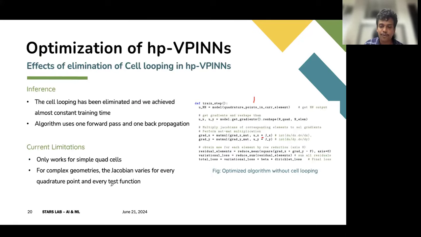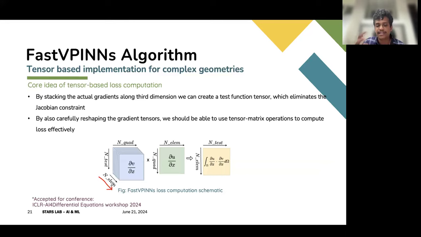So this is how we move from a matrix operation to a tensor matrix operation, because the core limitation in your matrix implementation is that your Jacobian remains constant, so that you can transform your single reference matrix into an actual gradient for all domains. But since you cannot do that on a complex geometry, you stack all these actual computed gradients along your n element axis.